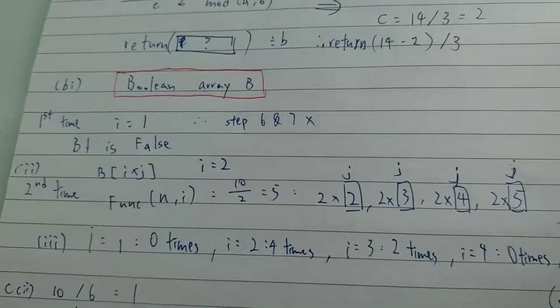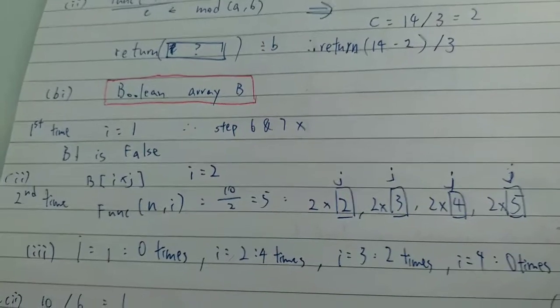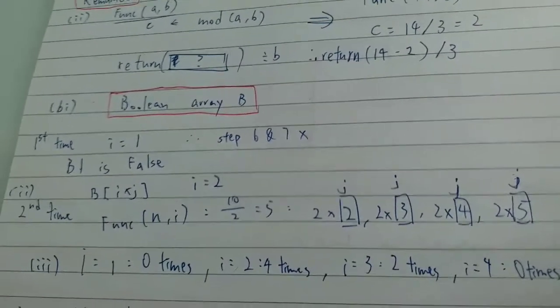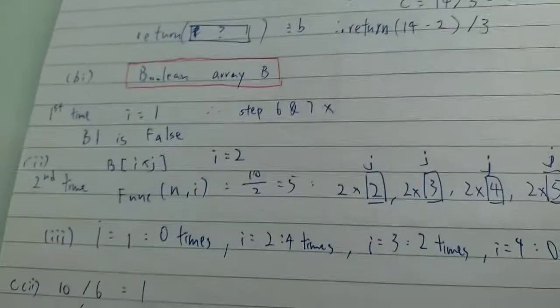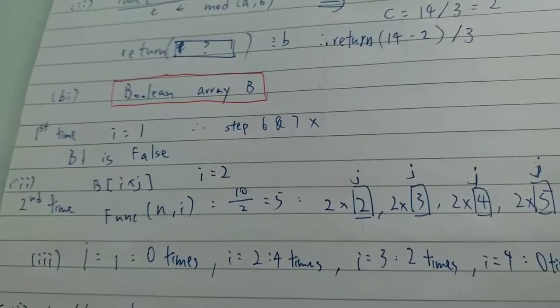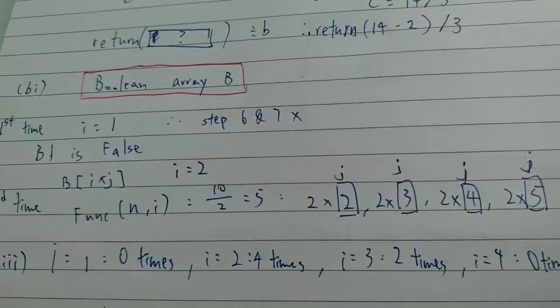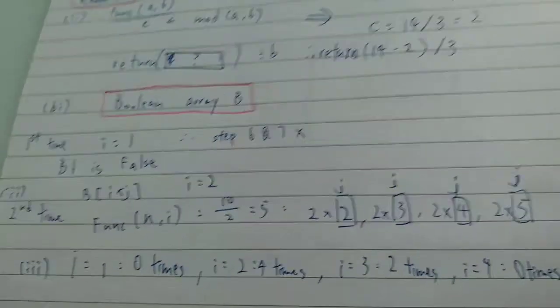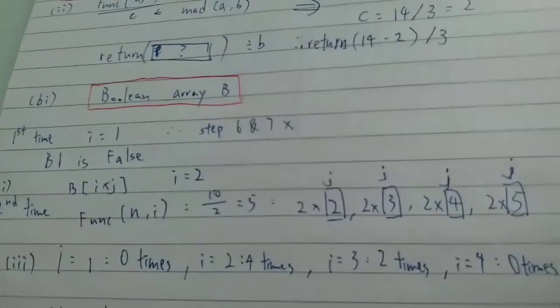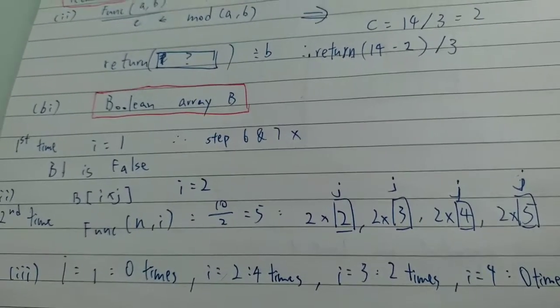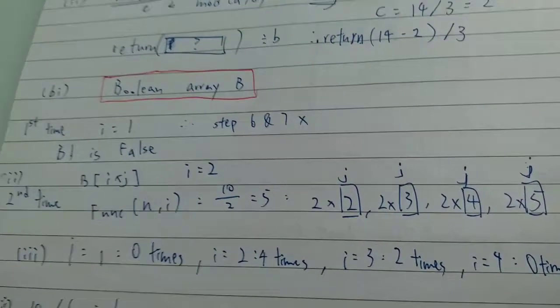Since i is 2, j will be 2, 3, 4, 5. Then 2 times 2 is 4, 2 times 3 is 6, 2 times 4 is 8, and 2 times 5 is 10. So these 4 numbers will be put false.